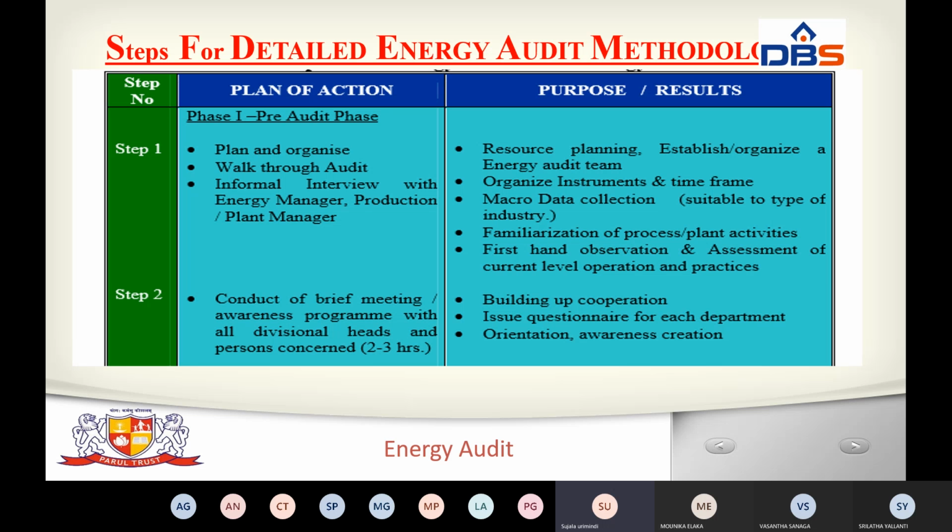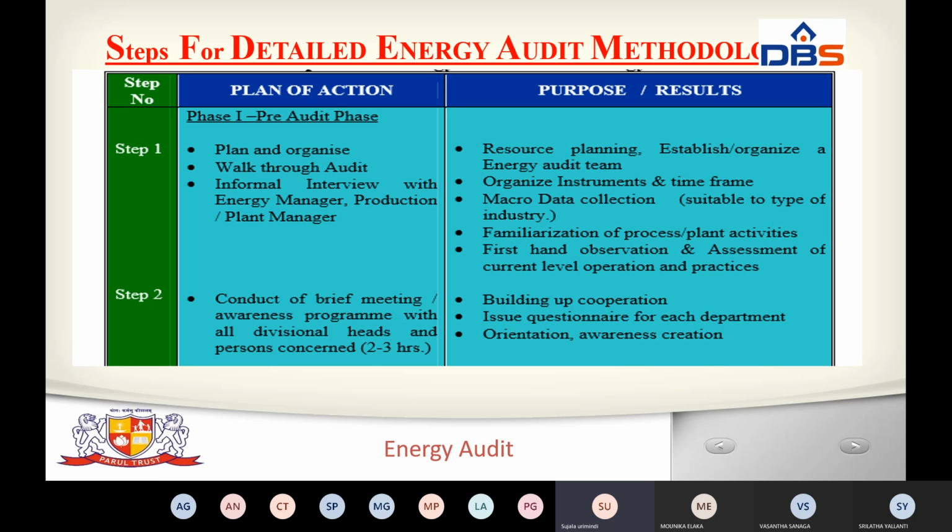What is the purpose and results? Resource planning and organizing instruments, macro data collection, familiarization with process plant activities, and first-hand observation and assessment of the current level of operation and practices.